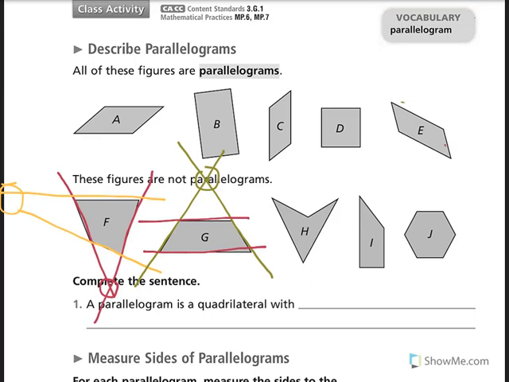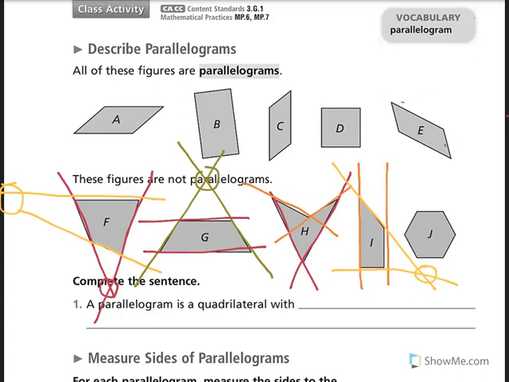Over here, this one doesn't really have opposite sides in the same way, so it's even harder. It's definitely for sure not a parallelogram. There's a lot of intersections going on there. And then this one, these two are parallel, but these ones are not, and that means it is not a parallelogram.